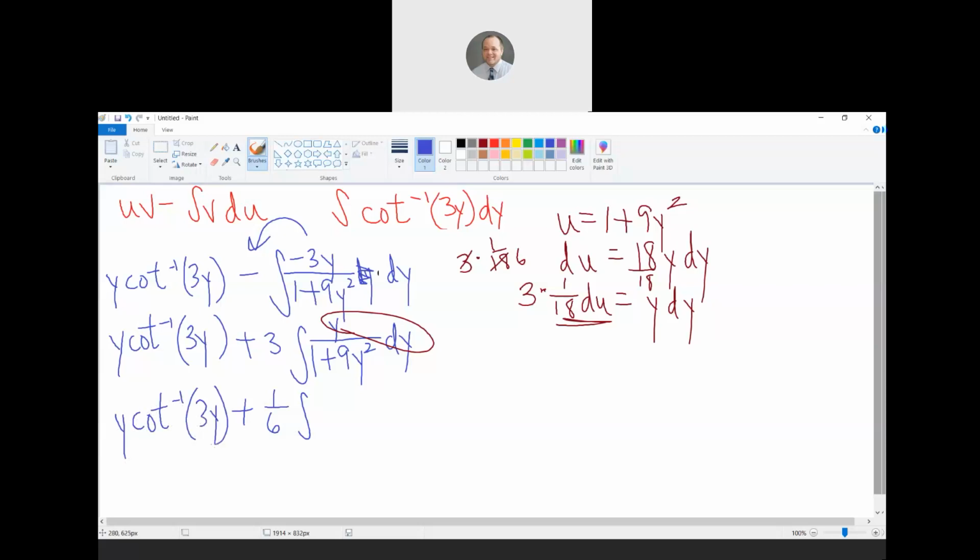The y dy, the rest of it is du, and our denominator is u. So we now have y times inverse cotangent of 3y plus 1 over 6.